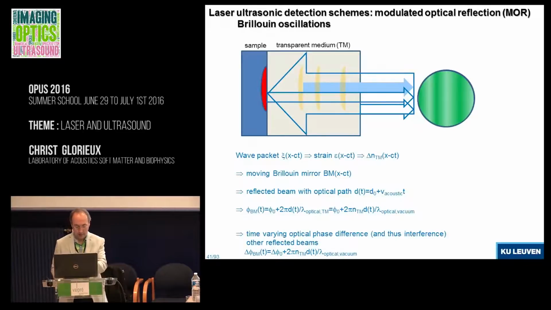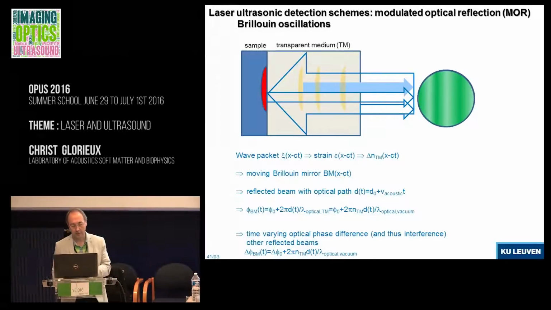If this mirror is moving, then the optical path difference between the mirror and the static reflectors will change. So as the acoustic wave moves, you will have a change of interference pattern. Depending on how much it moves and the optical wavelength, this will give an interference pattern going on and off.